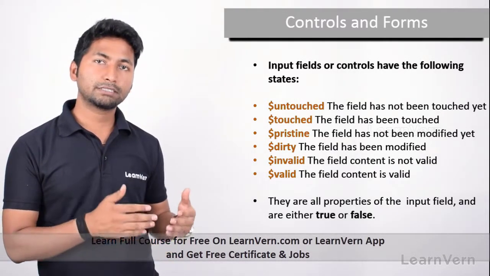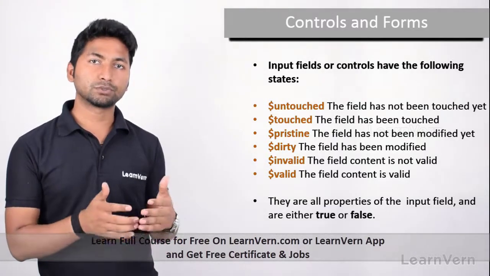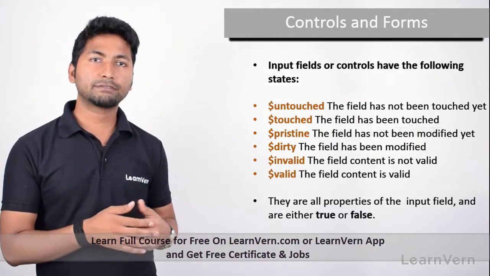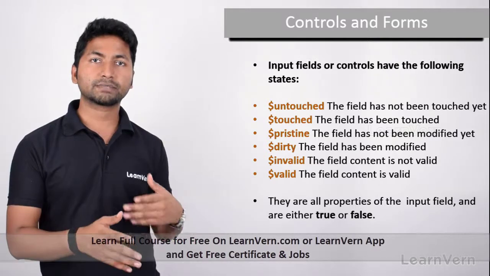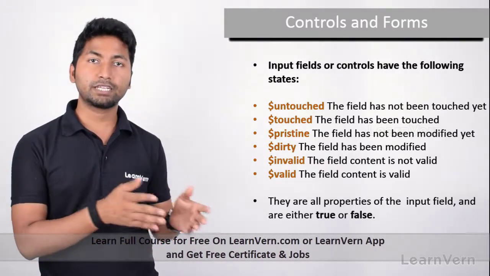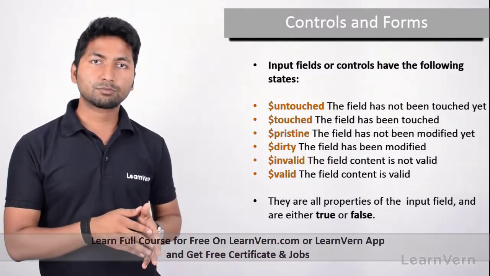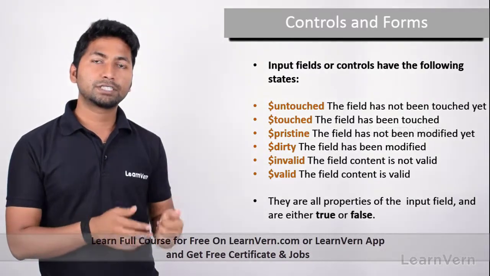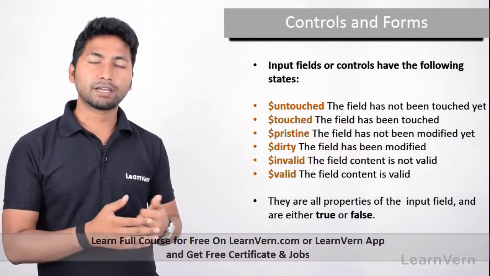So in that case, $valid will return true. Suppose I have written something beyond the expectation, something which is not valid for that particular text box, then in that case it will return me false for $valid.